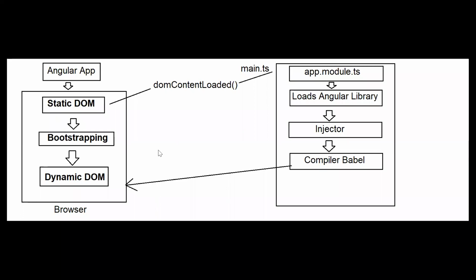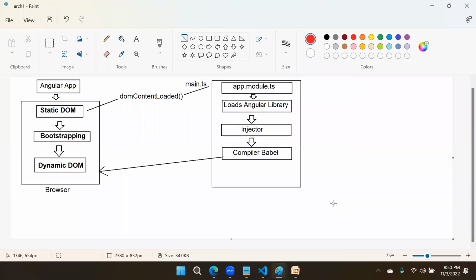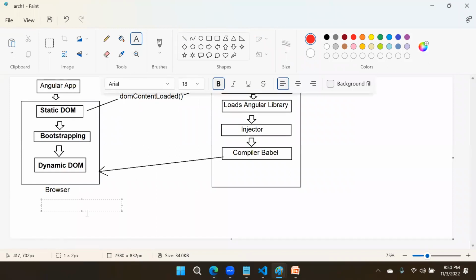Actually, a few years back, this compiling used to happen in the browser. That means the library loads in the browser and compiles in the browser. If compiling happens in the browser, that technique is called JIT, just-in-time compiling.